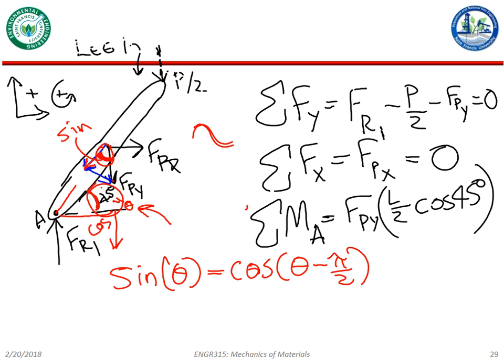So say theta is pi over 2, sine is 1, and cosine is 0, right? So these two trig functions are 90 degrees out of phase with each other.